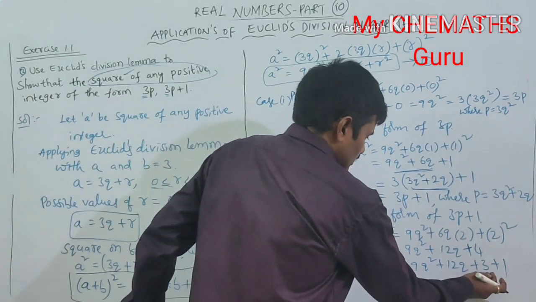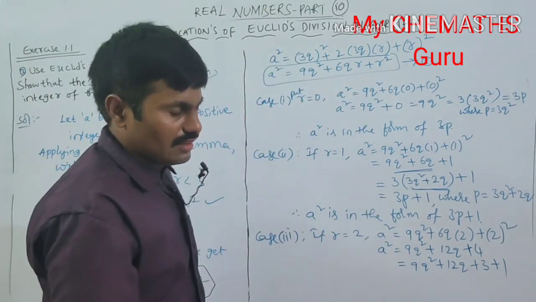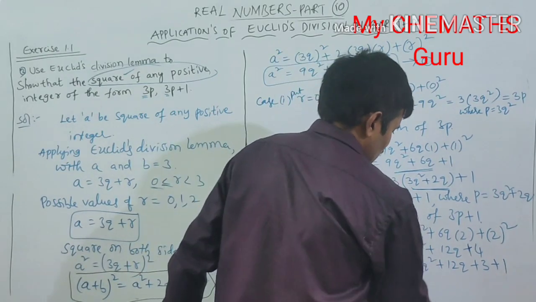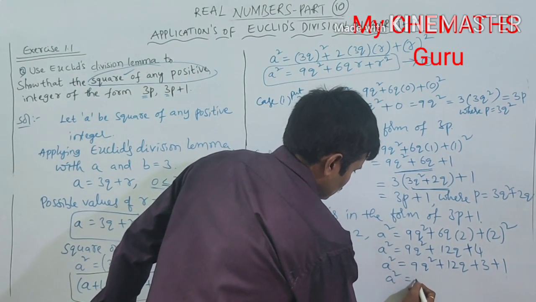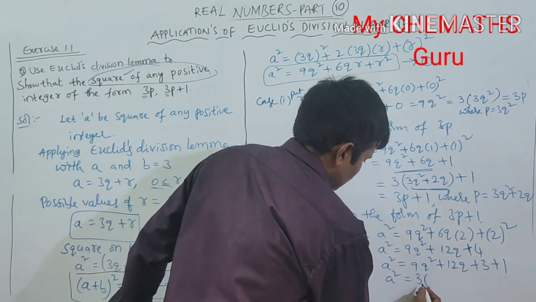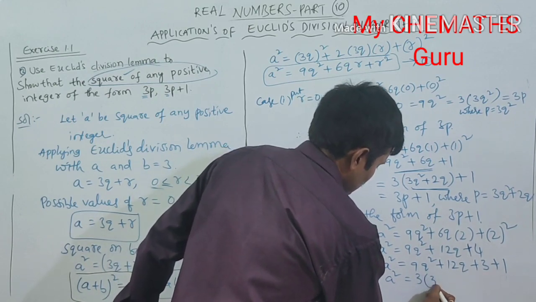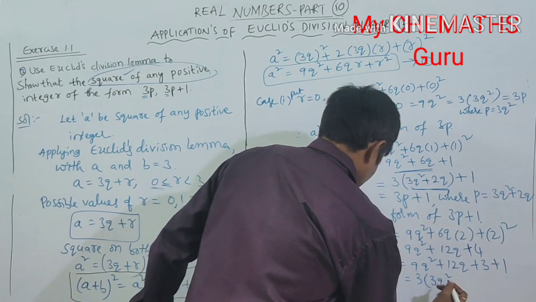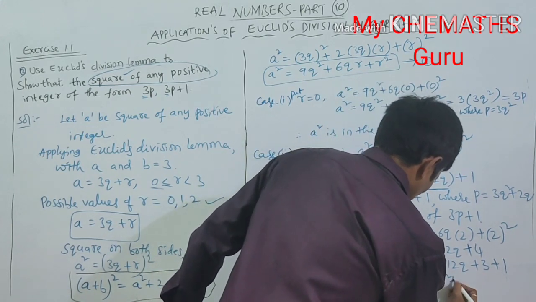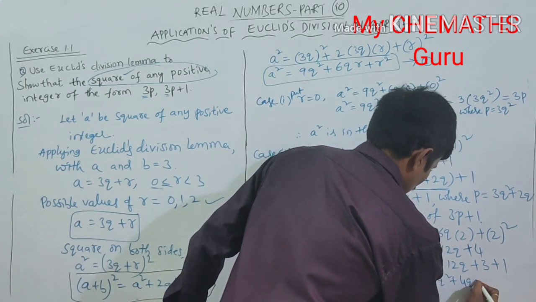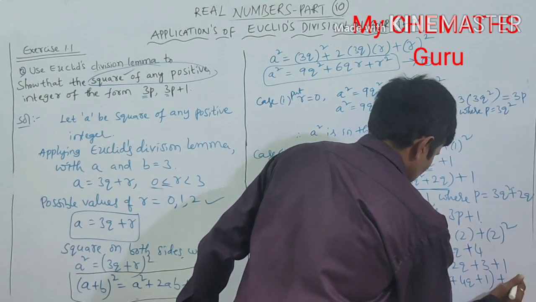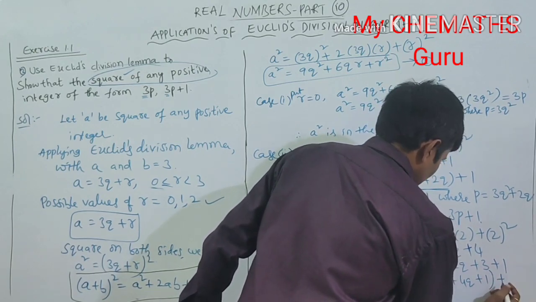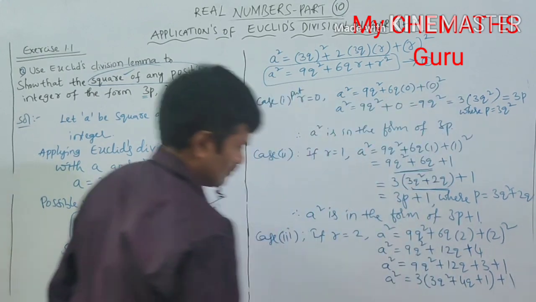Now observe, the first 3 terms are multiples of 3 except the last term, that is 1. Take 3 as common factor, then it becomes 3(3q² + 4q + 1) + 1. We cannot take 3 as common factor from this last one, so close the bracket here itself, plus 1.